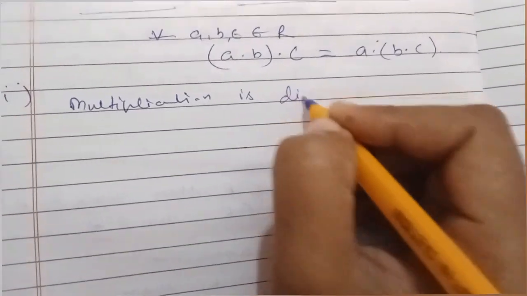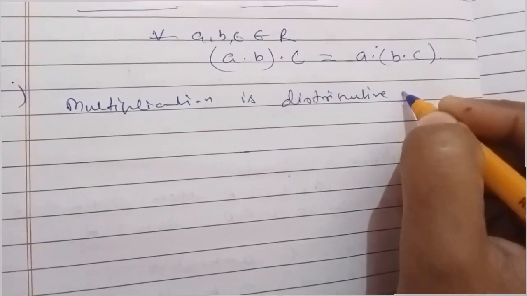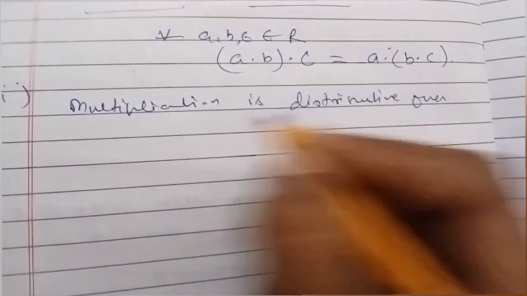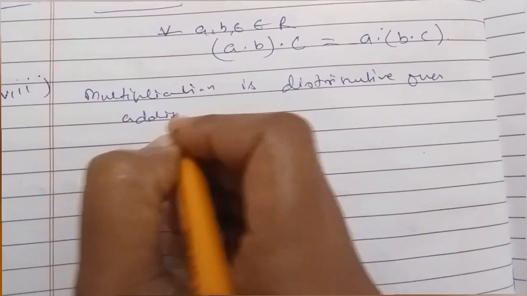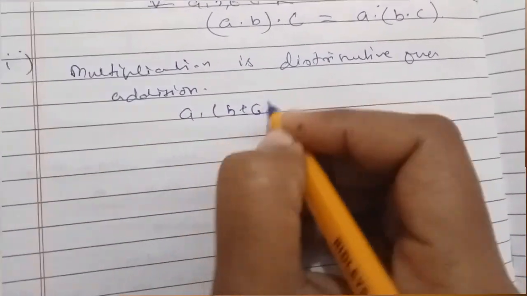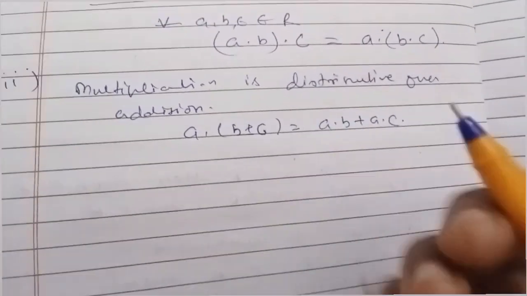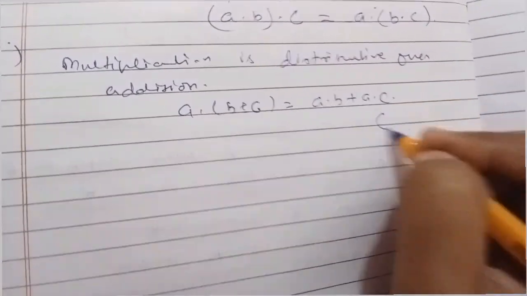And the eighth property is multiplication is distributive over addition. A dot (B plus C) is equal to A dot B plus A dot C. This is called left distributive.